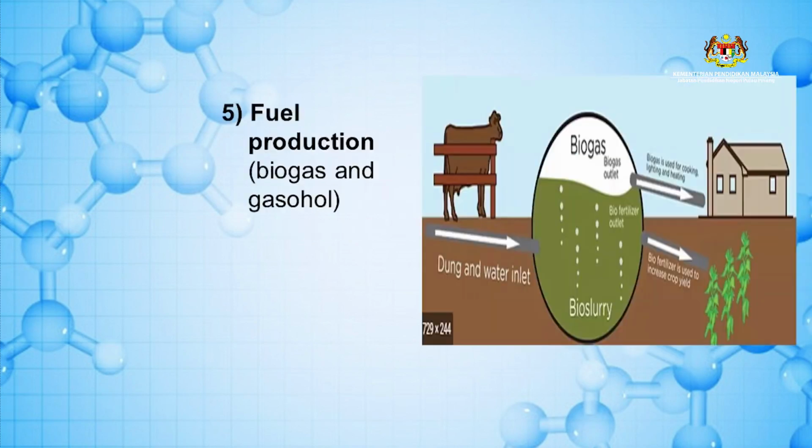Now look at this illustration of how cow dung is used to produce biogas for cooking, lighting, fertilizing and heating. It's a good example of how a waste product is converted into high-value fertilizer and fuel.